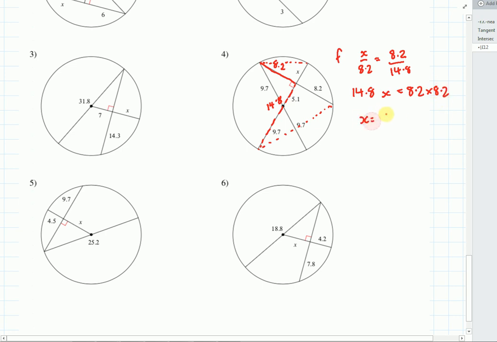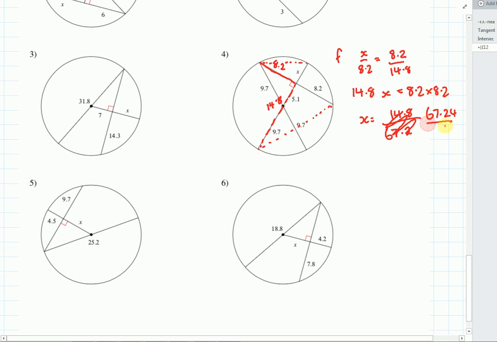So x is equal to 8.2 squared divided by 14.8. Got that the wrong way up, haven't I? 67.24.